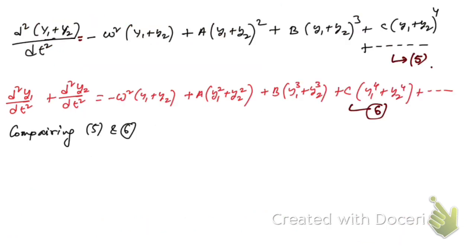So now you see this part must be equal to this part if we compare 5 and 6, right? So comparing 5 and 6, we have got the second order derivative of y1 plus y2 with respect to t is equal to the second order derivative of y1 with respect to t plus the second order derivative of y2 with respect to t.